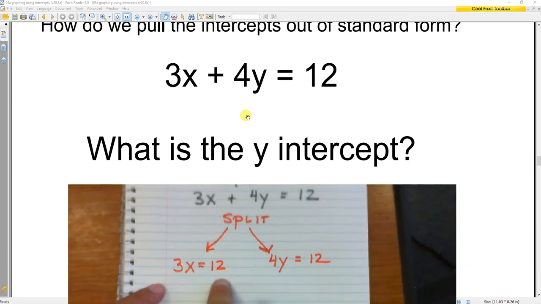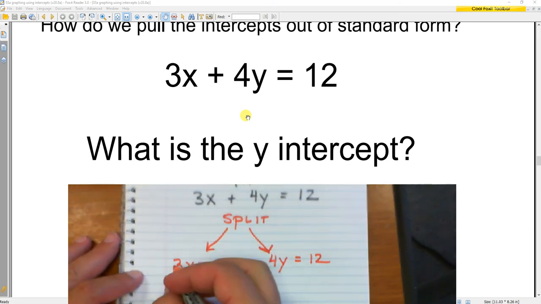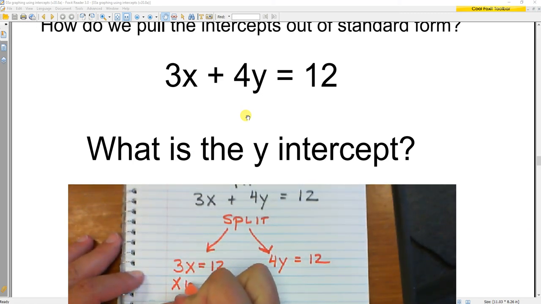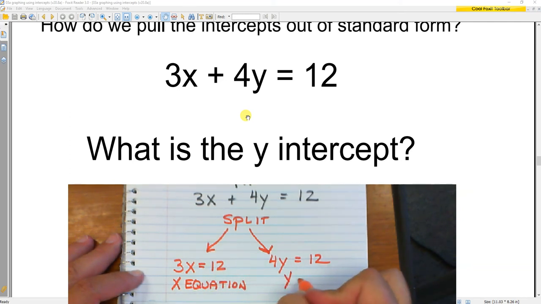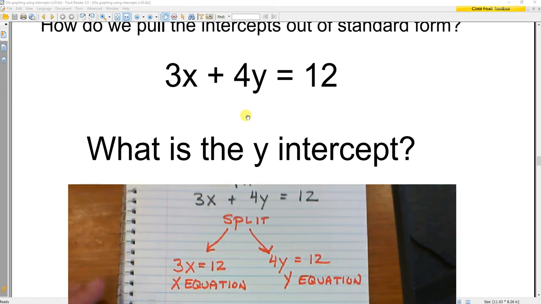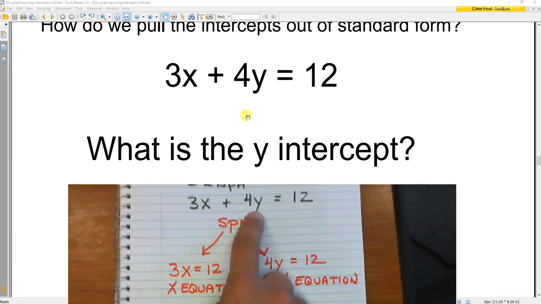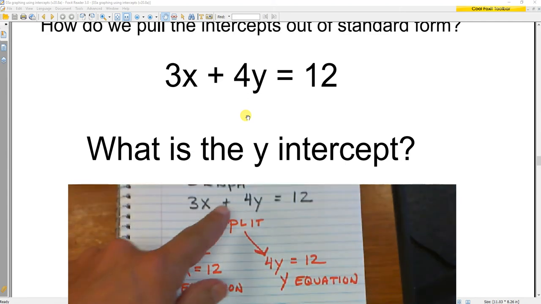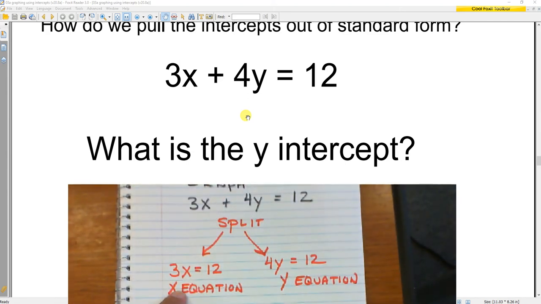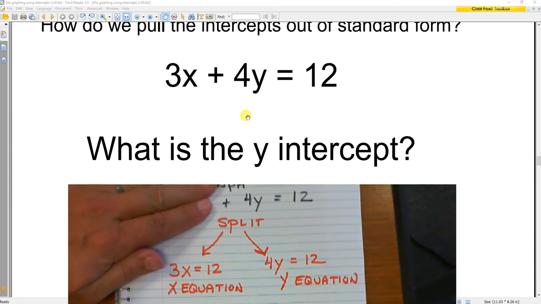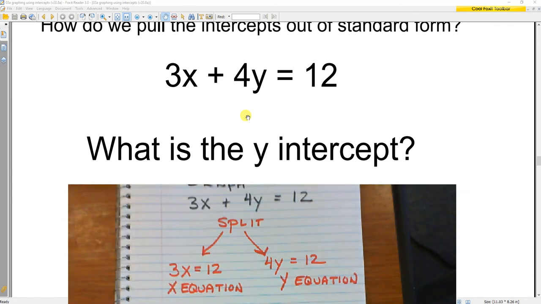I split it into an x equation and a y equation. What's really going on is that I'm turning the y into a 0. If I turn this into a 0, I'm just left with the x. If I turn x into a 0, I'm just left with the y. Why am I doing this with the zeros? Because the zeros are where the intercepts are occurring.